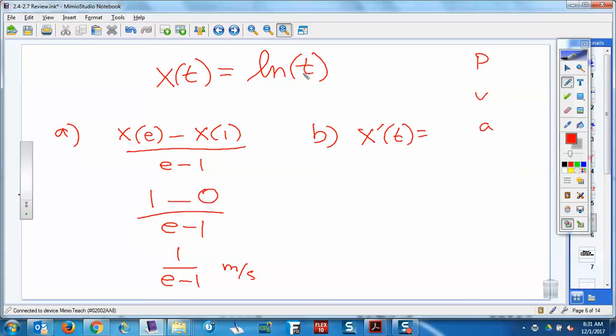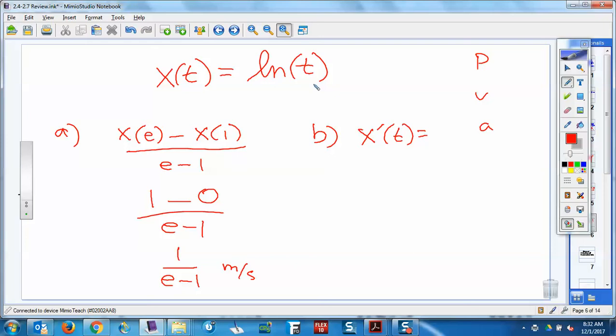Well, what's the derivative of ln t? 1 over t, right? Now, we wrote it as ln x, but it doesn't matter. Now we're doing the derivative with respect to t. Yesterday, I had those written up here on the board, right? Derivative with respect to x of ln x is 1 over x. But I just as easily could have said derivative with respect to t of ln t equals 1 over t.